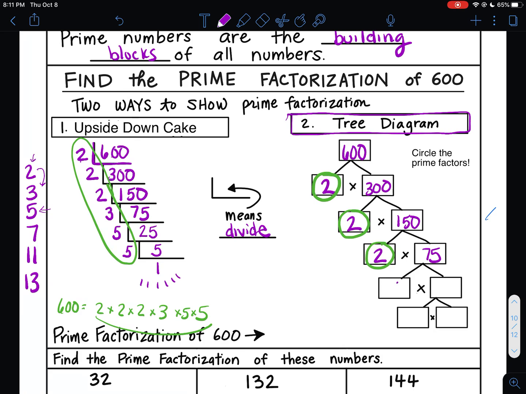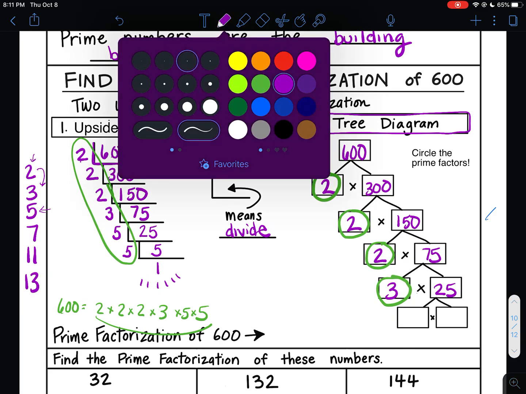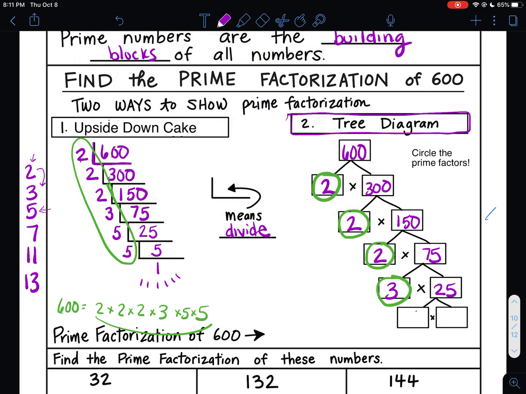So then we are going to do 5 times, oh, nope, just kidding, not 5 yet. 3 times 25 gets me 75. 3 is prime. And 25 breaks down to 5 times 5, and those are both prime.